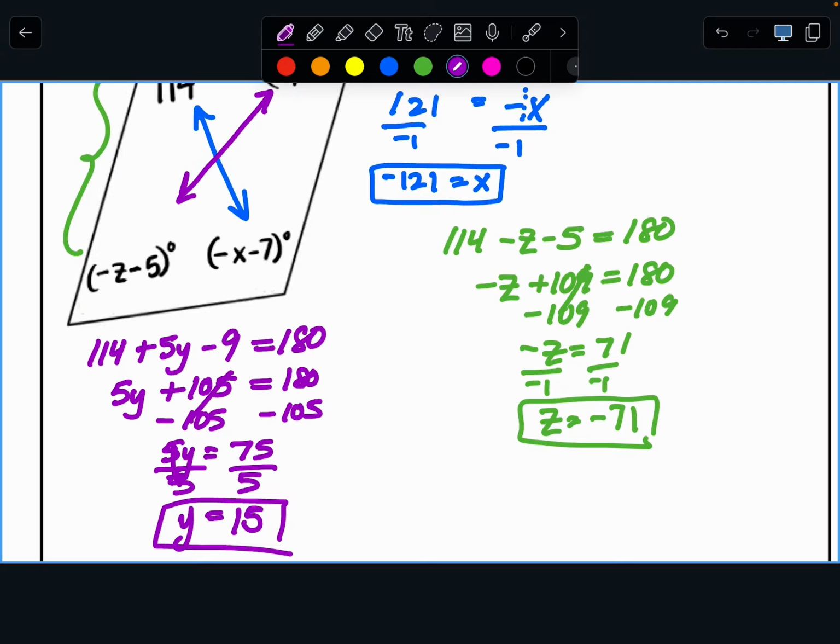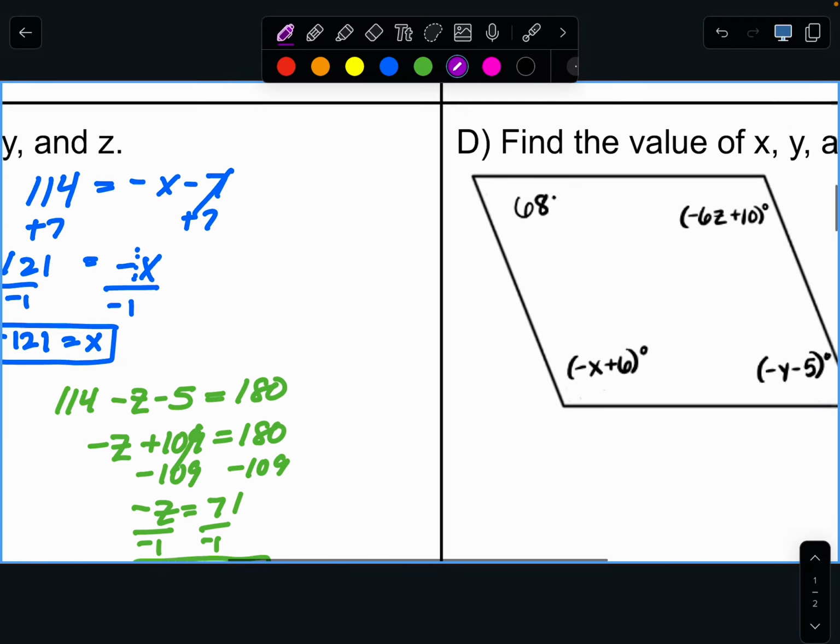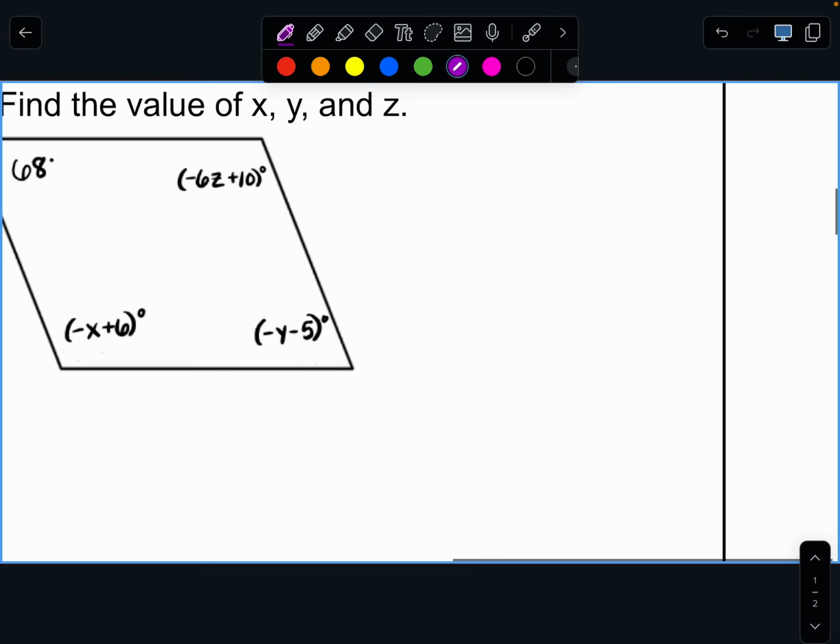So there are 3 steps to that problem, but they're not 3 difficult steps. They just require an extra process. Each of the steps individually is easy. You just have to remember to do all 3 of them. I'm going to give you the answers for this one, and you're going to see if you can set up the equations.